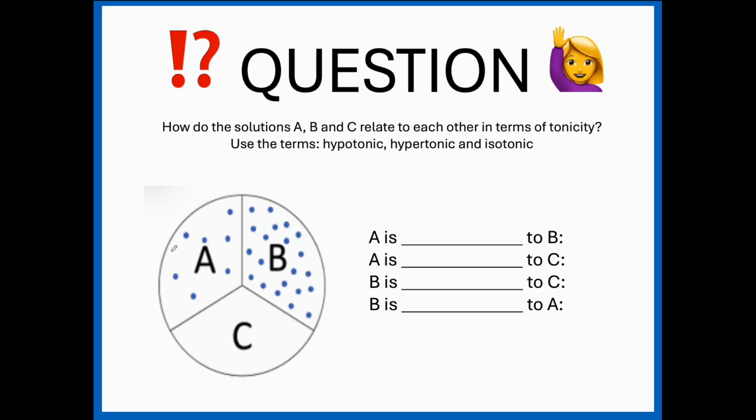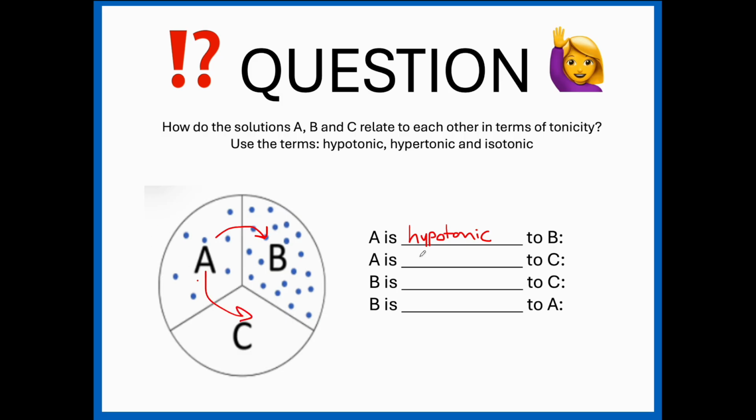So over here, when you're comparing A and B, you're going to say A is less than B, right? Less than, hypo, lower, right? When A is less than B, we say that this is hypotonic. It's lower. So A is hypotonic compared to B. A is more compared to C, right?